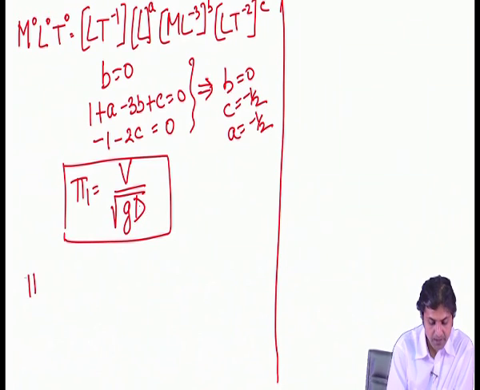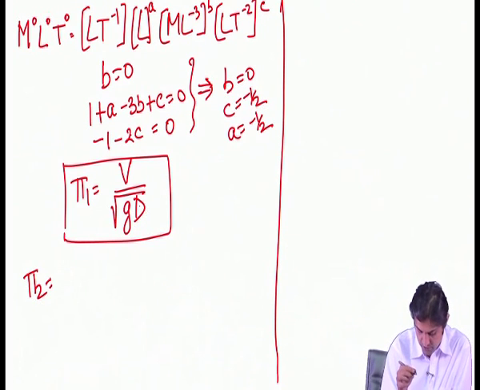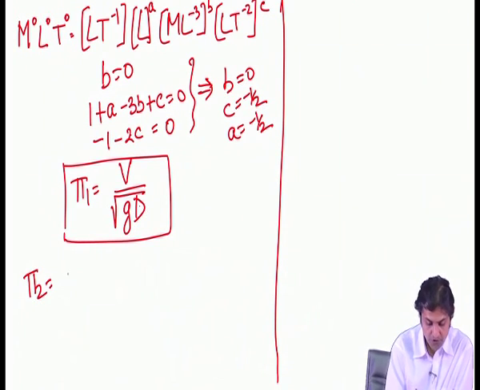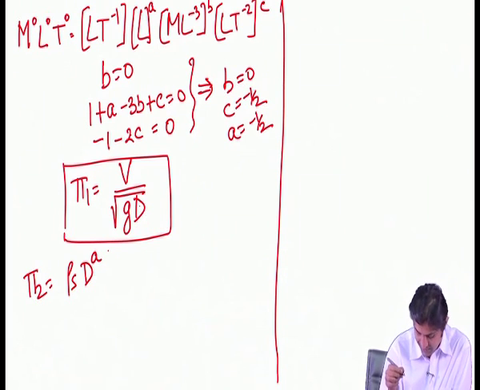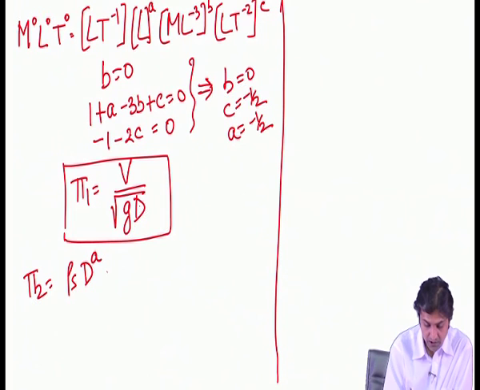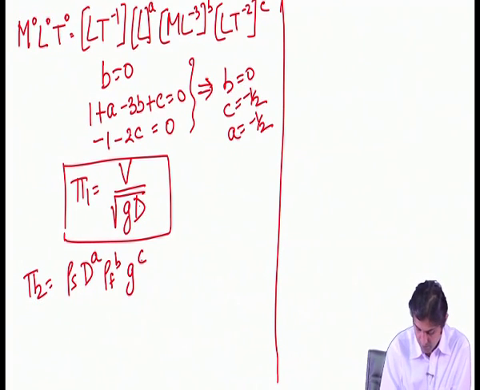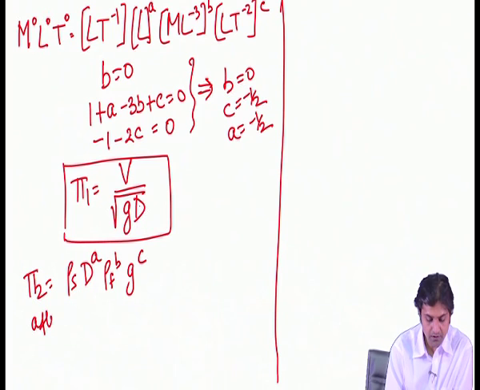The second pi 2 will be the second non-repeating variable, which was rho s, and similarly the repeating variables will remain the same: d to the power a, rho f to the power b and g to the power c. All right. So, if we solve, you should do this.